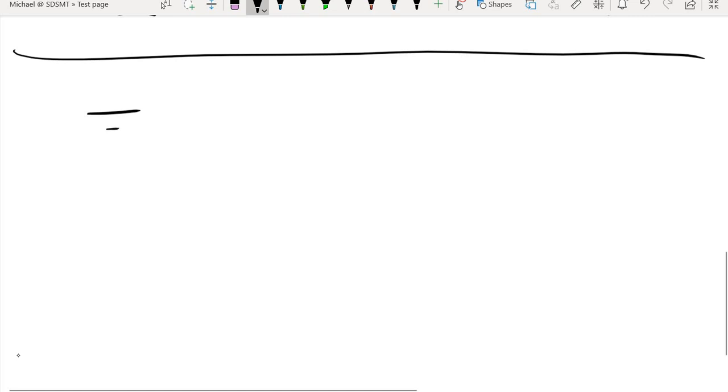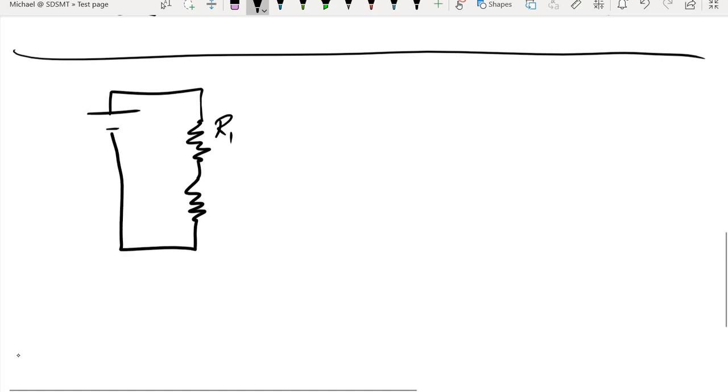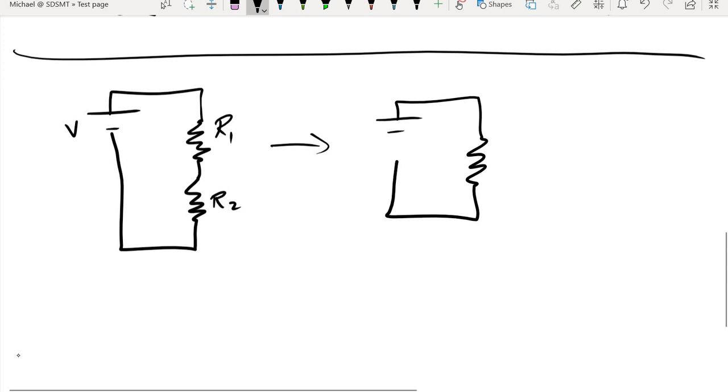Can we take this circuit, which has multiple resistors in it, so we'll consider the same two resistors, and can we remove those resistors and replace them with one equivalent resistor that will do the same job?